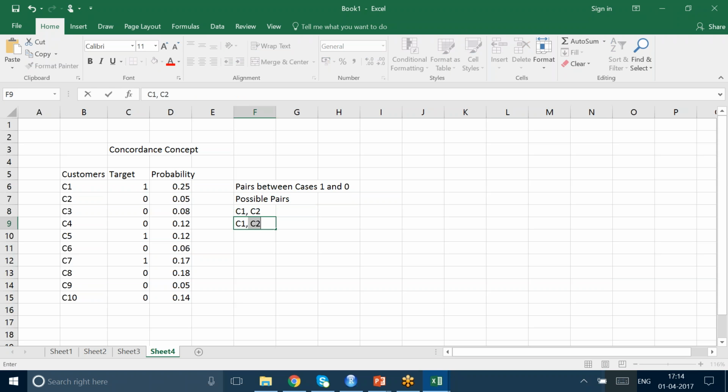C1 is 1, comma C3. C4 is also 0. C5 is 1, so it is not. C6 is 0. C1, comma C6. C1, comma C8. 7 cannot be possible because both of them are 1. C1 with C9 and C1 with C10. These are my possible pairs between C1 with respect to others. Likewise, I will have C5 with others. Likewise, I will have C7 with others, with other zeros.